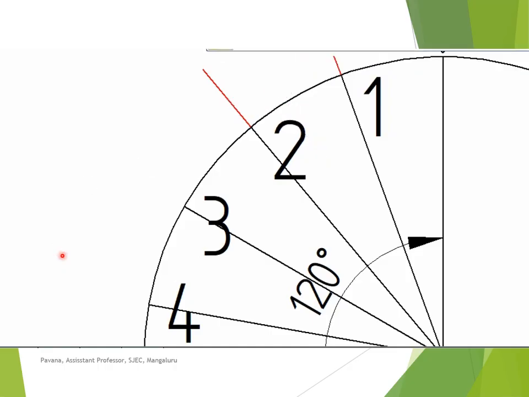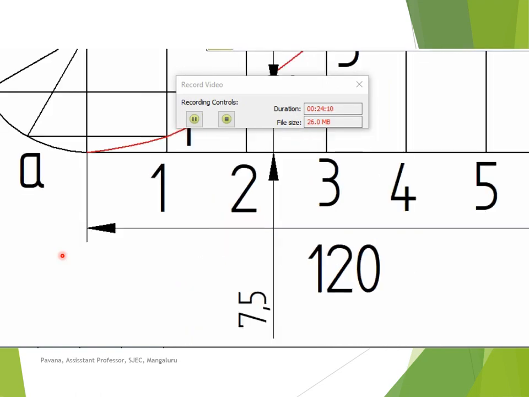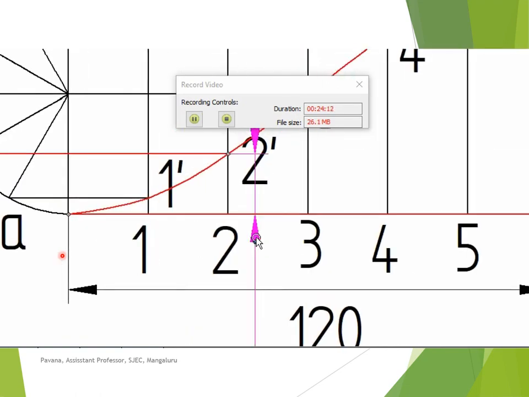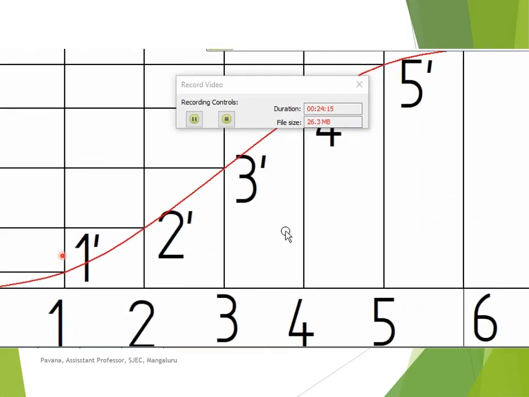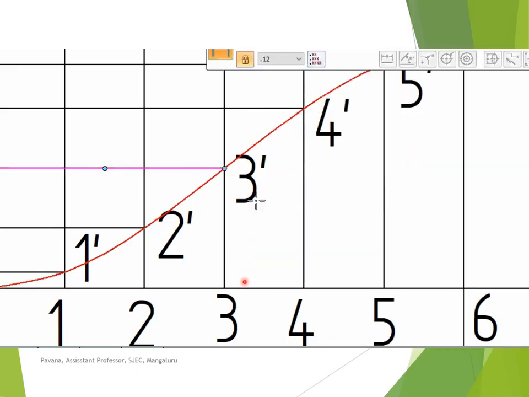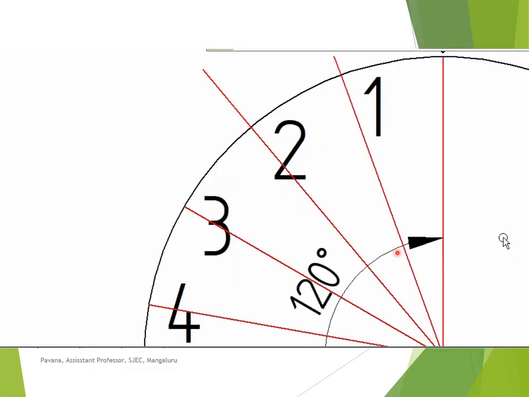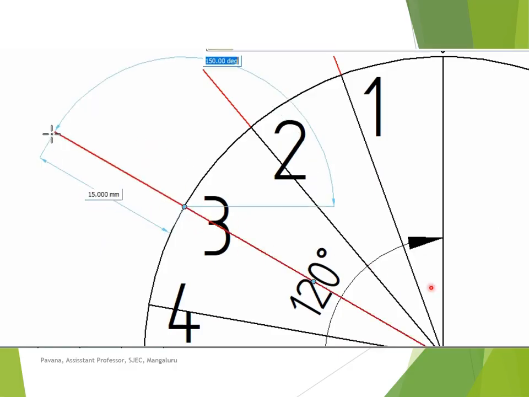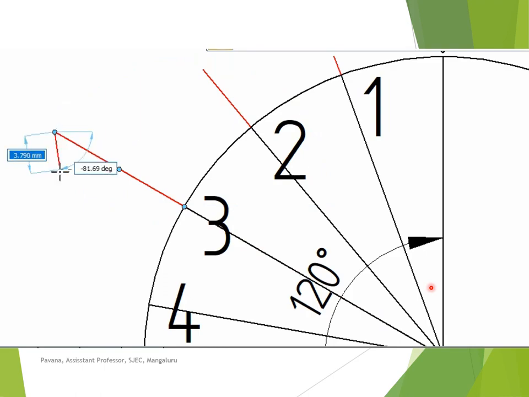Measure the 3 dash distance in the displacement diagram. If I measure, it is coming around 15 mm. So join that 15 in the cam profile diagram. 15 mm.